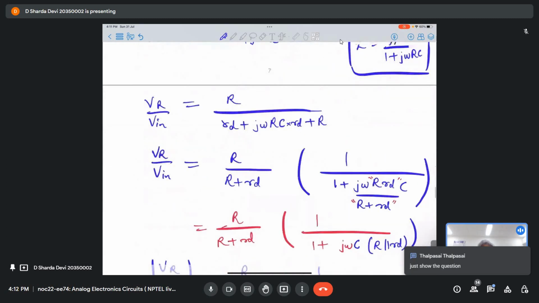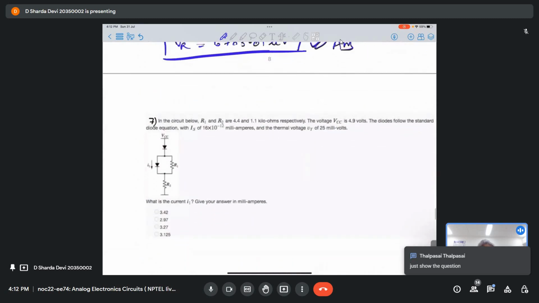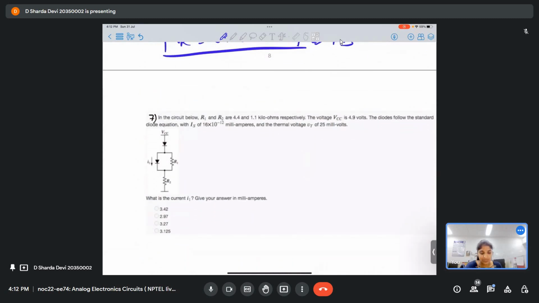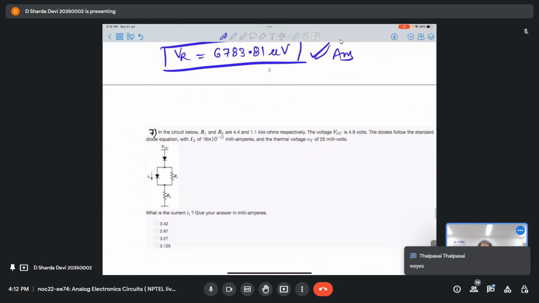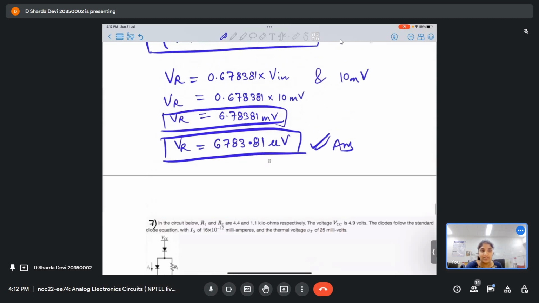Okay, you want to see the last question which was there in the slot. So this was the last question that was there in the slot. This is a very simple, very basic question. Here you just have to find out the current across the diode. So this was the one pattern which was left.